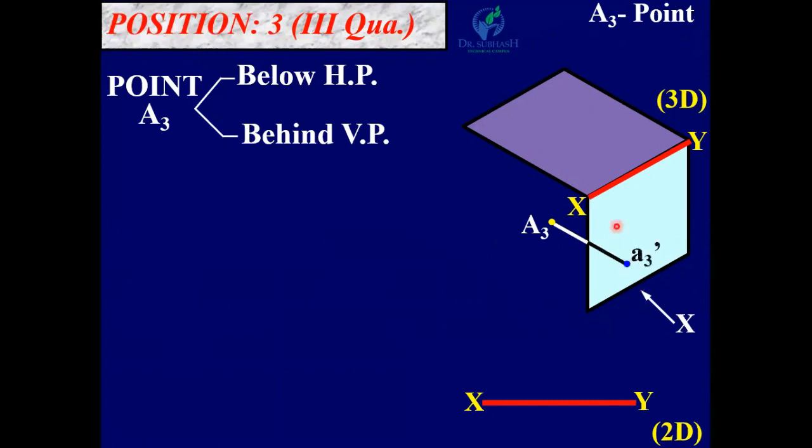You can see this a3 dash is below the XY line here. So a3 dash is the front view, and in 2D you have to draw a3 dash below the XY line. Now looking from this direction, the top view, a3. If you rotate this HP 90 degrees in the clockwise direction, its top view is above the XY line. So a3 is the top view.